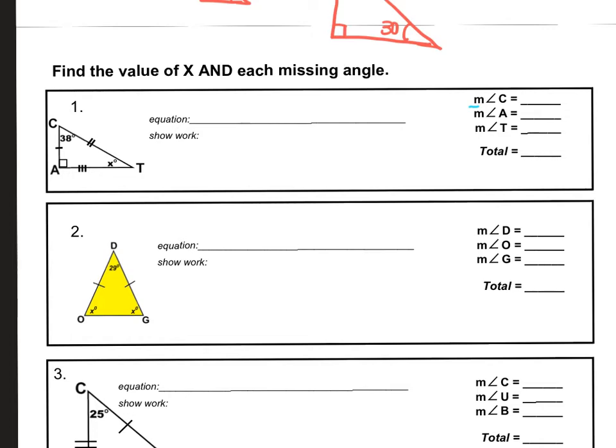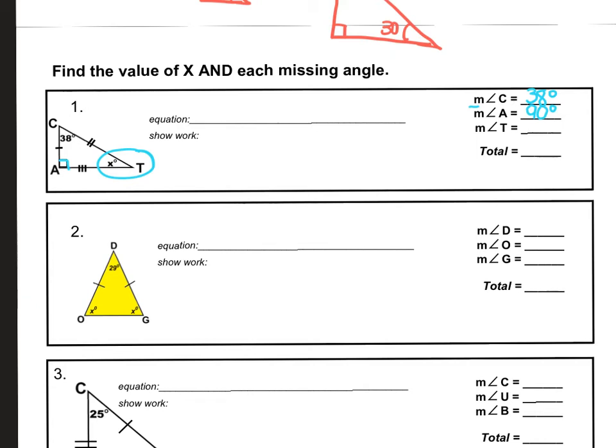So we can look at this picture and we can see what's given to us. We can see that they have given us angle C is 38 degrees. We can also see that they've given us a little square in the corner of A, and if you remember, that means that it is 90 degrees. But we need to find the angle T.